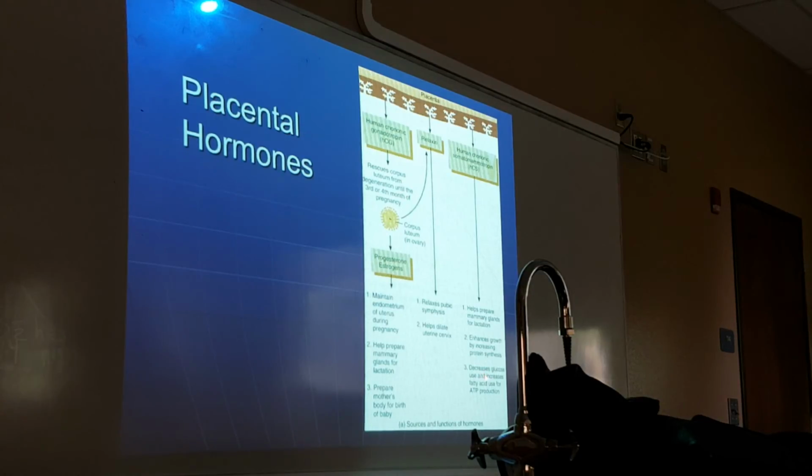Sometimes this happens a little too much and the mom will develop what is called gestational diabetes. And it's not an uncommon condition. I'm being asked all the time what causes gestational diabetes. And I very commonly say human chorionic somatomammotropin. So, okay. That's the reason.